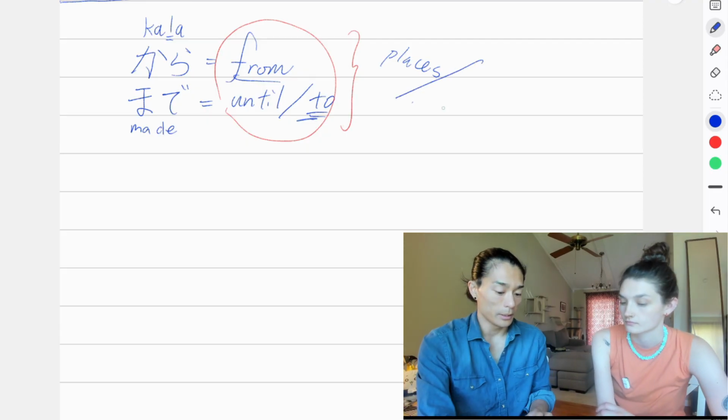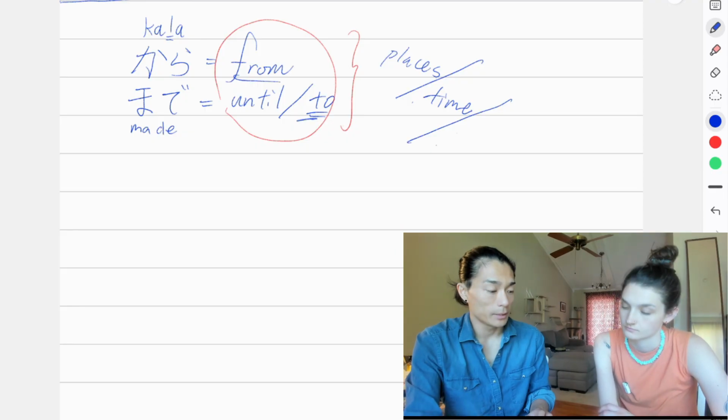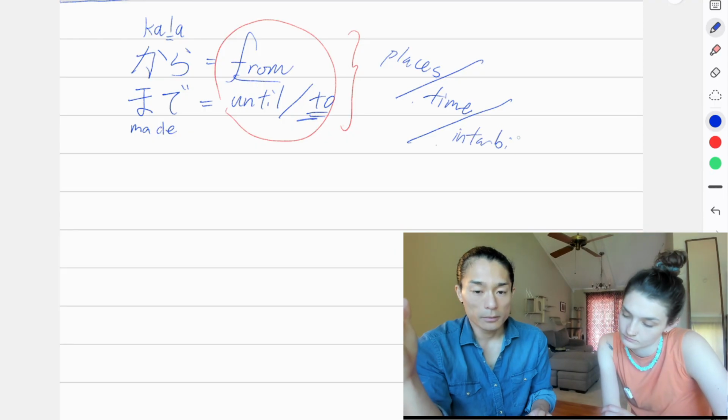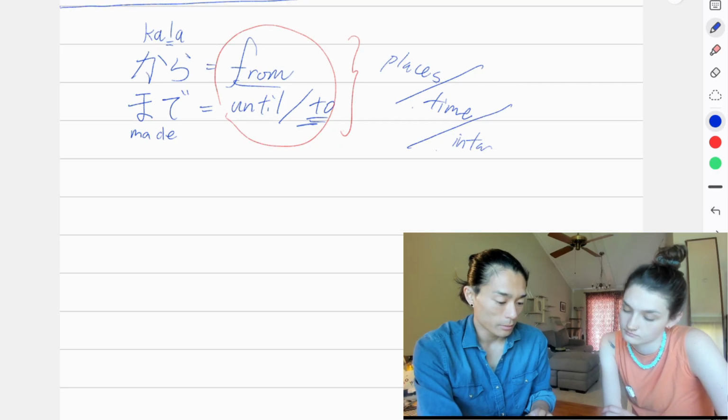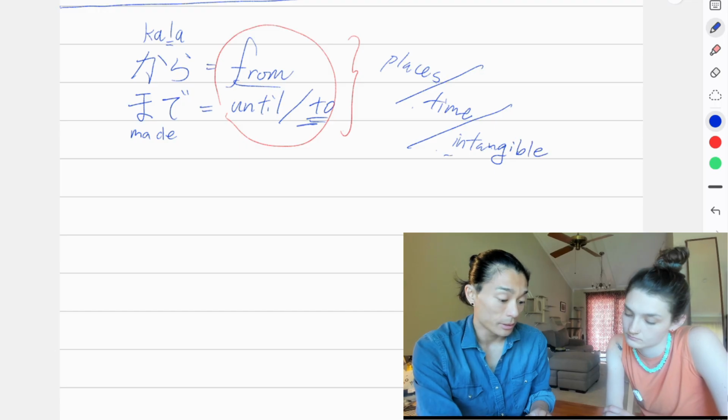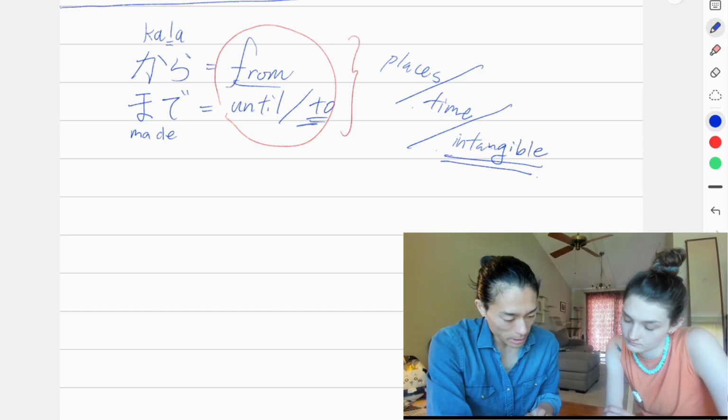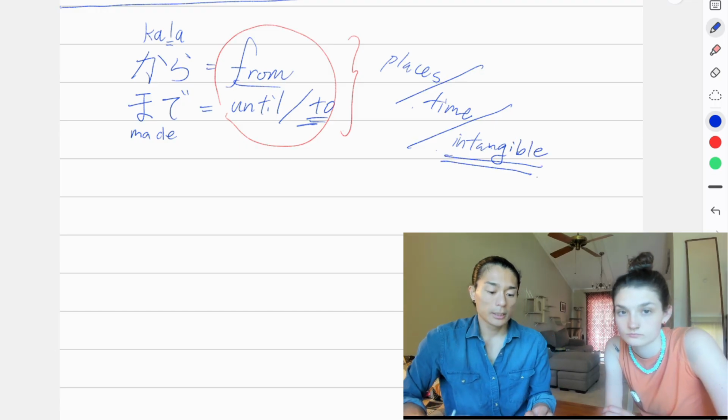We can use from and to with places. And then like I just said, I study from 10 to 12, time as well. We can even use it for intangible stuff you can't see or touch. For example, I studied from philosophy to math. Like Osaka kara Tokyo made. From Osaka to Tokyo. Or time. 10 ji is 10 o'clock. 10 ji kara 1 ji made. From 10 to 1 o'clock. So it's pretty simple.